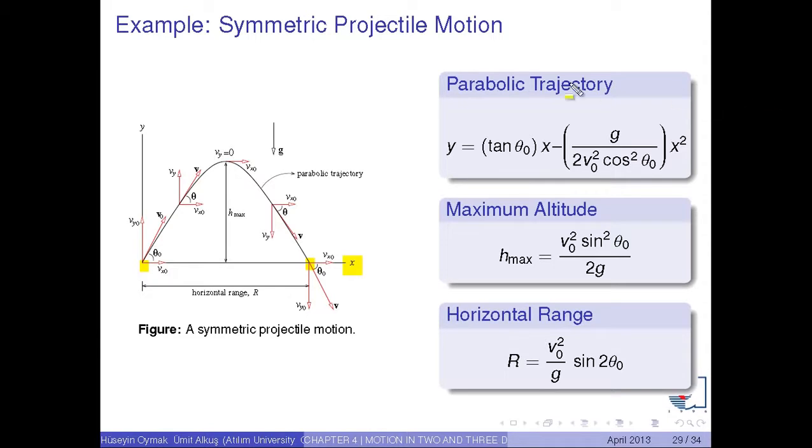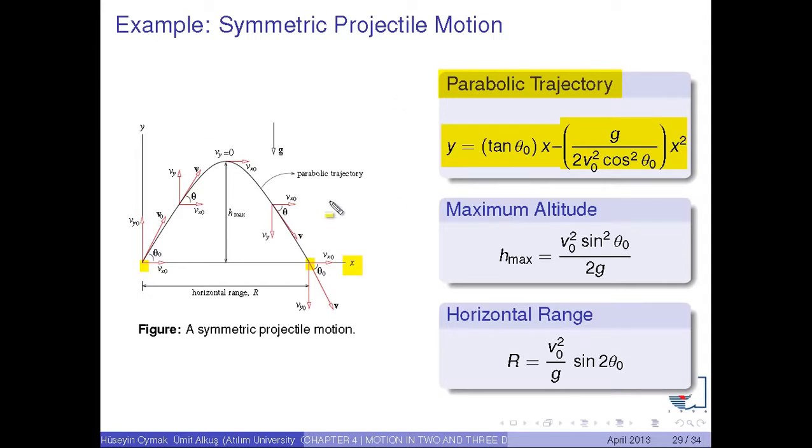In the following, we will prove that the y direction of the position vector is y equals tangent theta 0 times x minus g over 2 times v0 squared times cosine theta 0 squared, the whole thing multiplied by x squared. This is called parabolic trajectory.